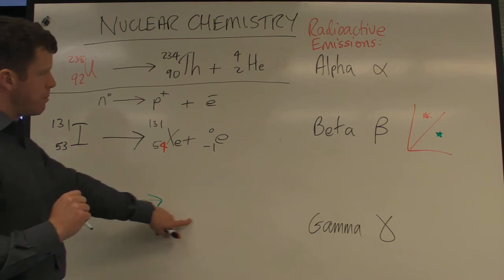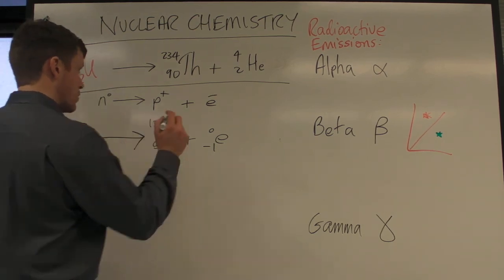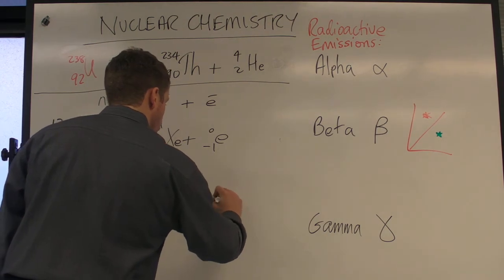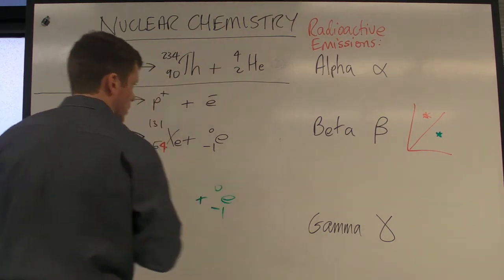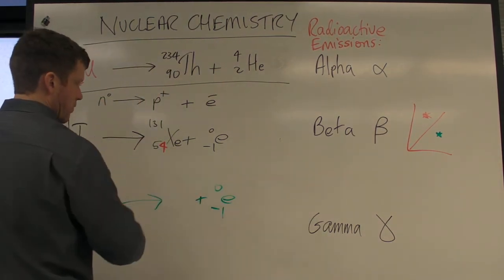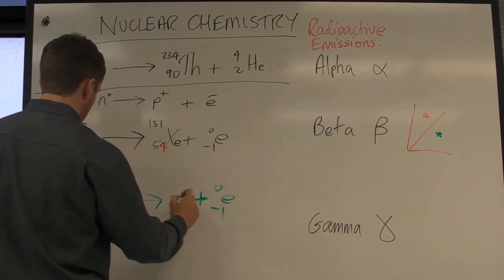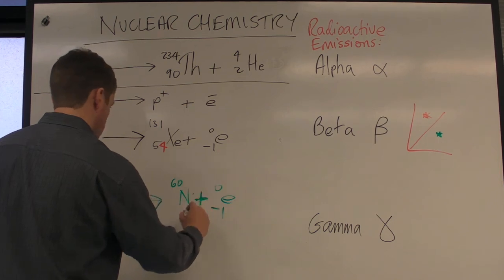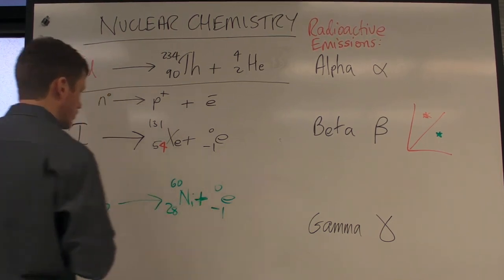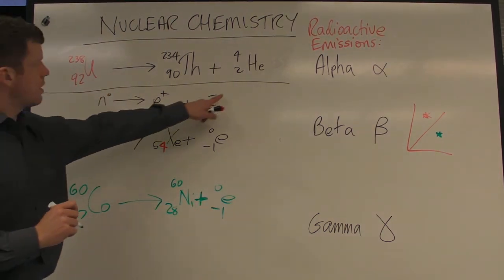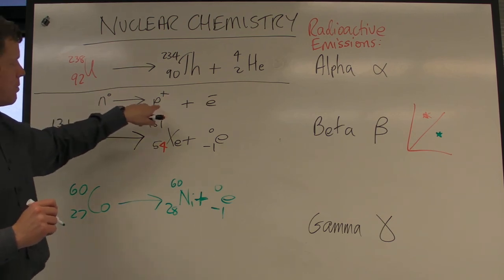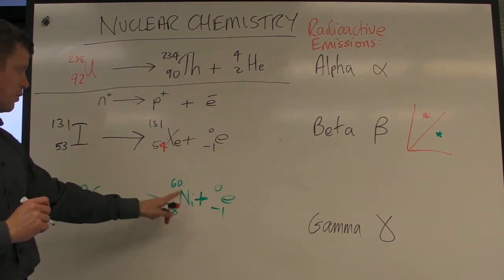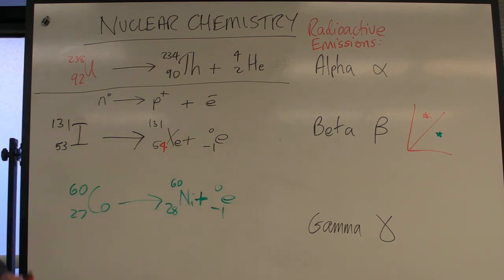It undergoes beta radiation first, beta emission. So that creates an electron, similar to this, obviously. And then it changes the nuclei, so we get nickel, which is 28. So this thing happens, a neutron becomes a proton and an electron. So we get a new substance, nickel, and the electron.